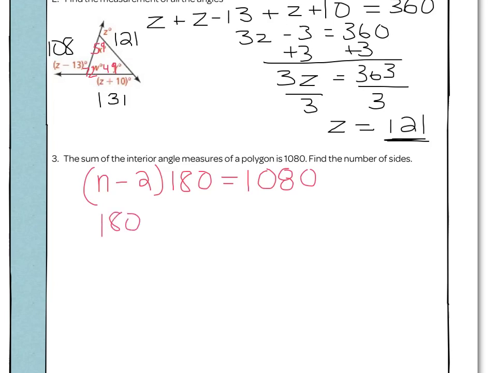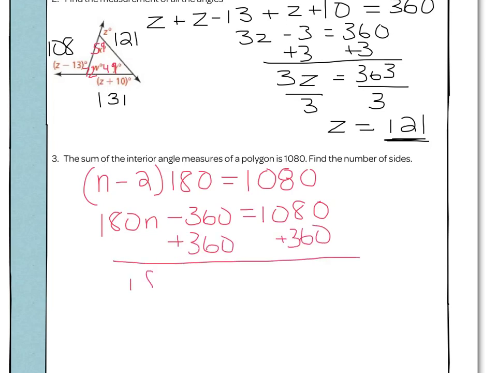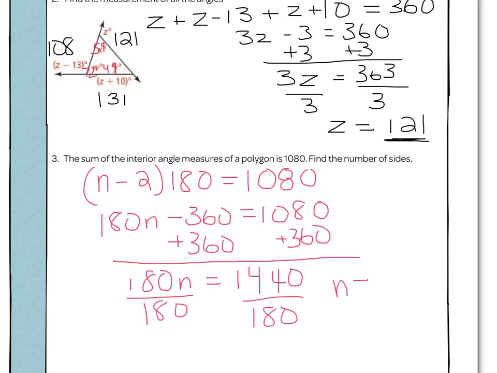Distribute 180 to n. Distribute 180 to -2. You're going to end up with 180n minus 360. Add 360 to both sides. Sorry for the red. 180n equals 1440. And if we divide both sides by 180, we're going to get 8. N equals 8, young people. And that's our last problem.